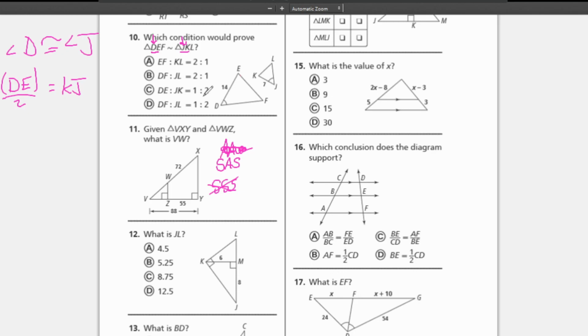Fortunately for these, we've already shown that what's given are the corresponding parts. And I know for side angle side it has to be the included angle. That included angle is the angle in between the two sides that form it, right? Or the two line segments that form it make the included angle. So for this would be my other side, and for this one would be my other side.